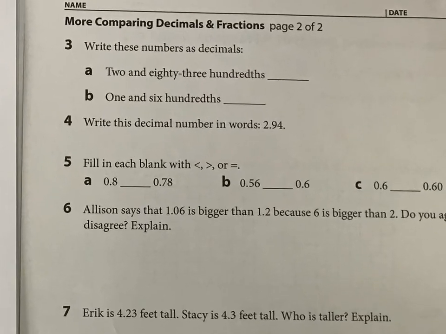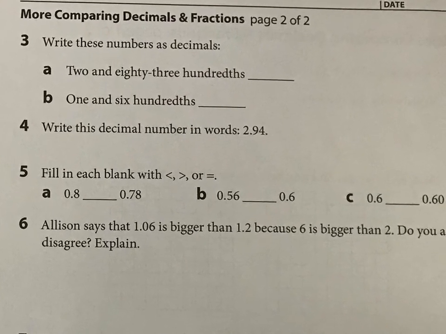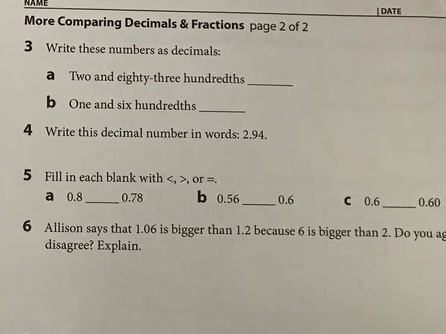And then over here, you're writing these numbers as decimals. So just note the "and" here is where the decimal would be. So these are whole numbers. So you would have 2 and something, and then 1 and something, but be very careful. This says 6 hundredths.